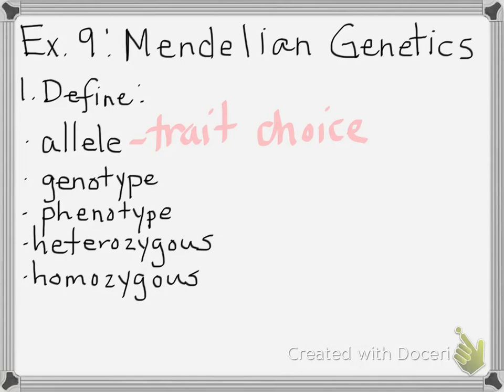They're choices for a trait. Like last time we counted corn, purple kernels of corn versus yellow kernels of corn, those are alleles. Those are choices for the trait. Trait choices are alleles.